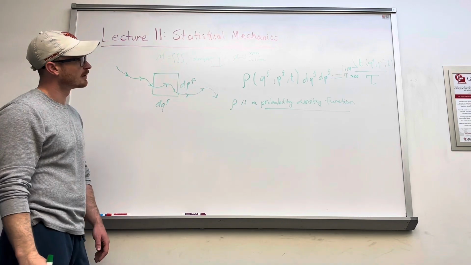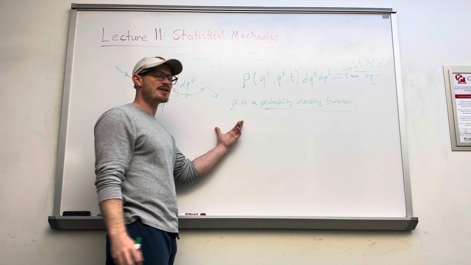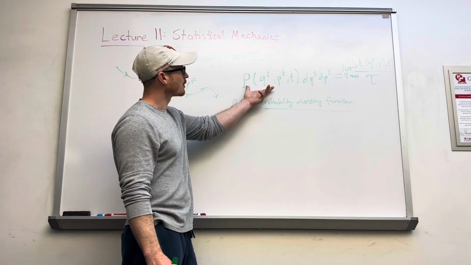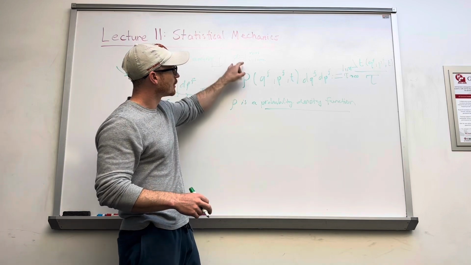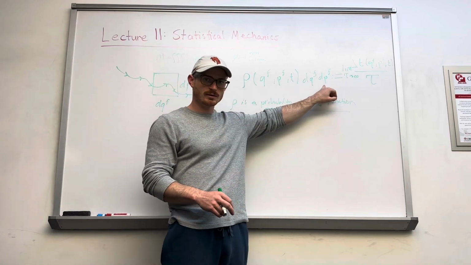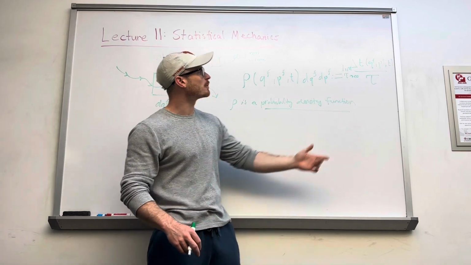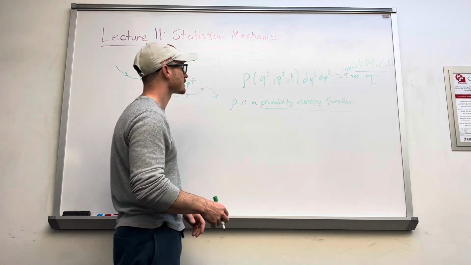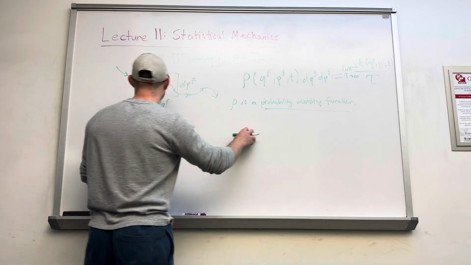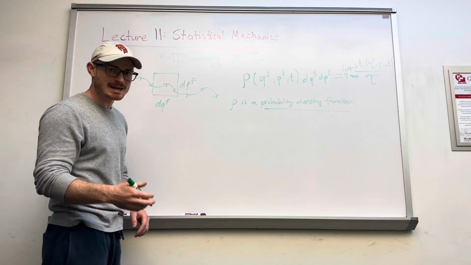Well, this is the exact same thing. If we have rho here, this is like a probability density function. We integrate over the volume, and that gives us the probability of observing the particle within that specific region of the space.